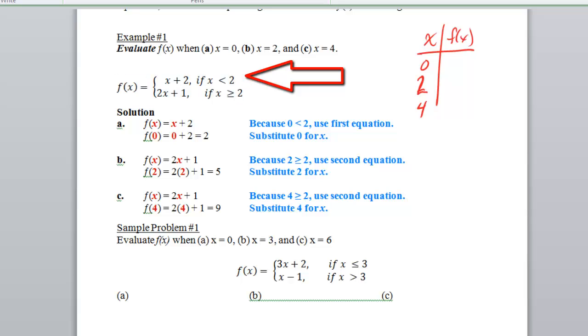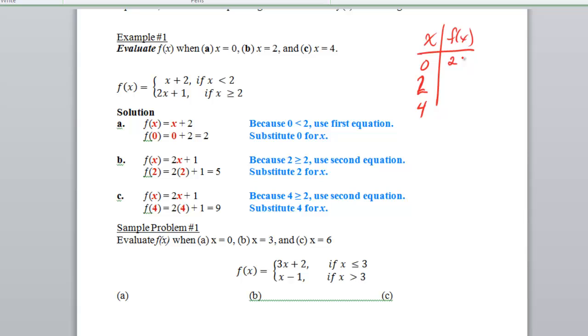Since 0 is less than 2, that's going to have us evaluating this first part of the function. So we will only evaluate that part of the function and not both of them, because it doesn't fit the condition of x is greater than 2. So if we plug 0 in for the first line, we're going to get a value of 2, and so you can see that's the point 0, 2.